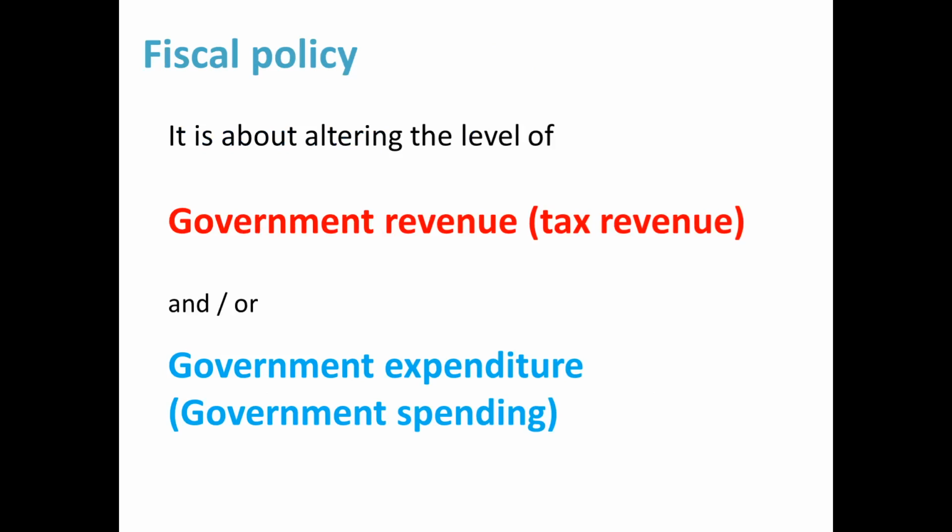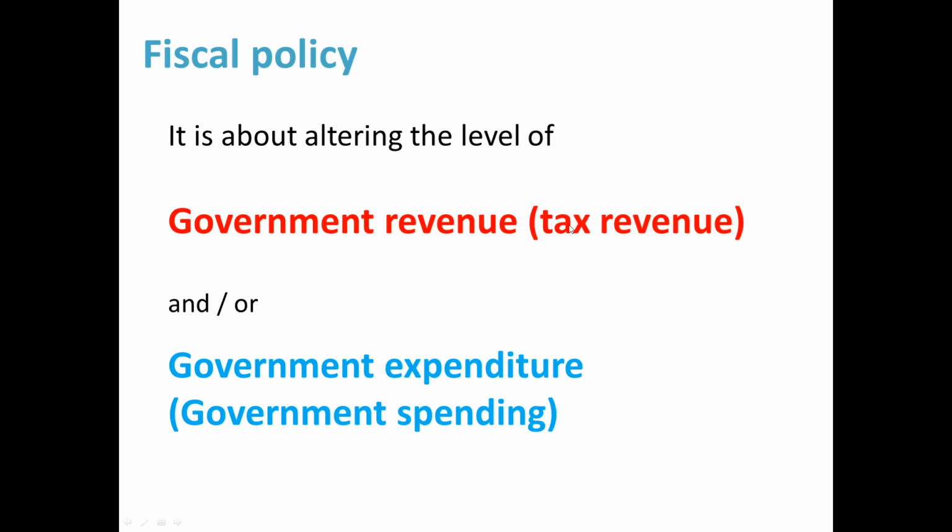Fiscal policy is so simple. We just manipulate two things. We manipulate two items in order to achieve different government objectives. We try to change the level of government revenue, and at the same time, we might want to change the level of government expenditure, which is government spending.